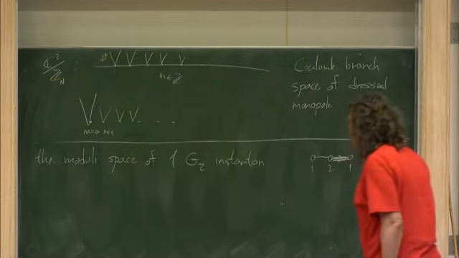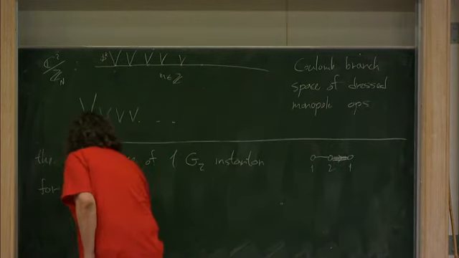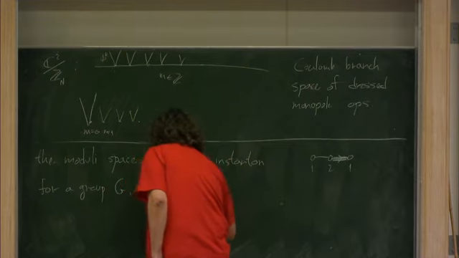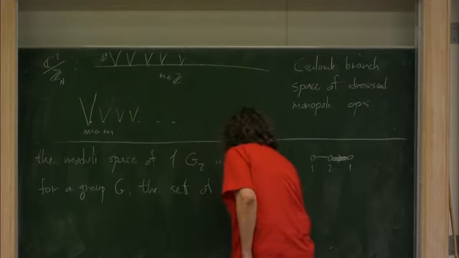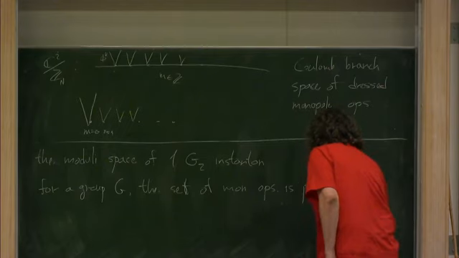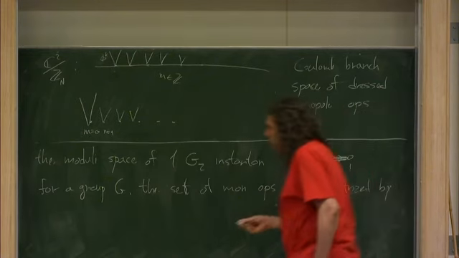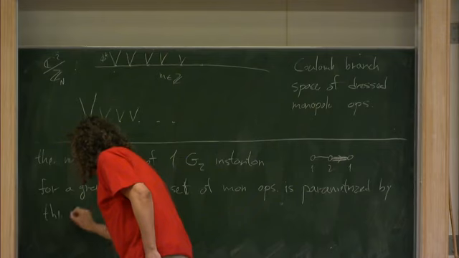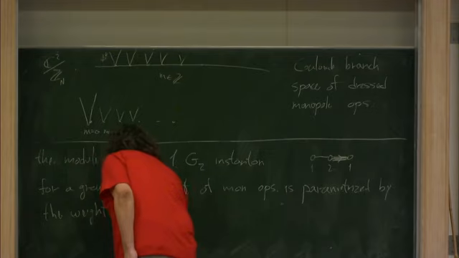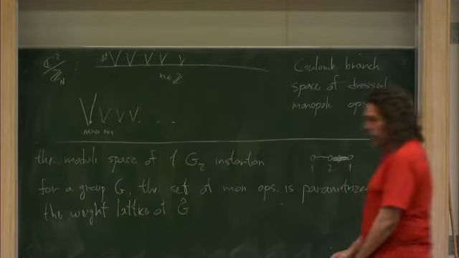So if I have a group G, the set of monopole operators is parameterized by the weight lattice of its Langlands dual, which we will denote by G hat.